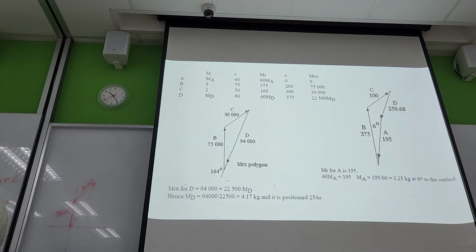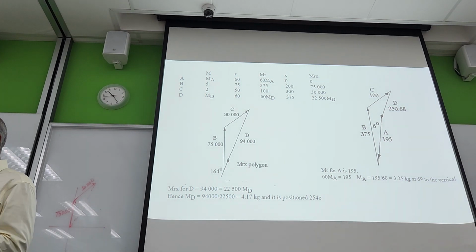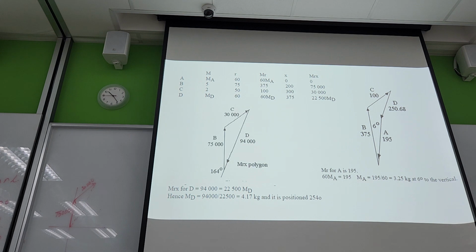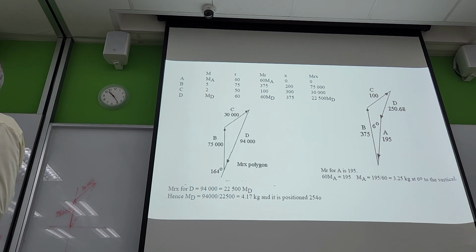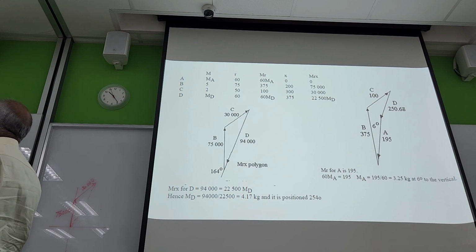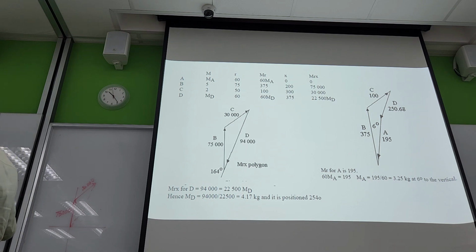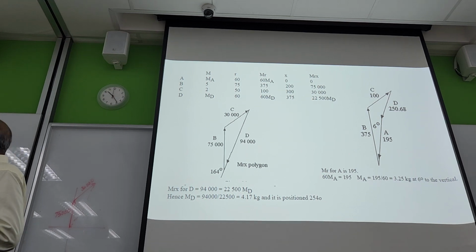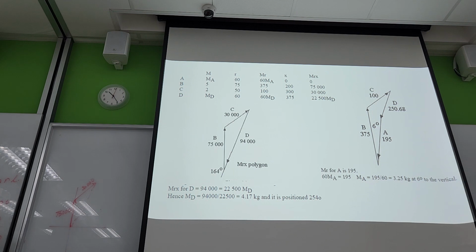This value is known, so the only unknown is this MA. Then as per the orientations, plot the MR polygon. Last, to complete the polygon, you draw the dotted line. The length of that gives you the MR value, so this is 60 times MA. The calculations are shown now.